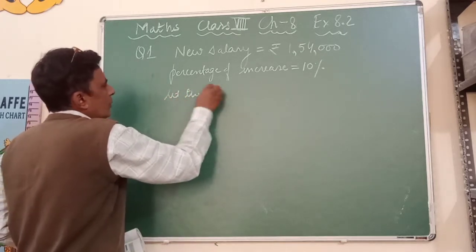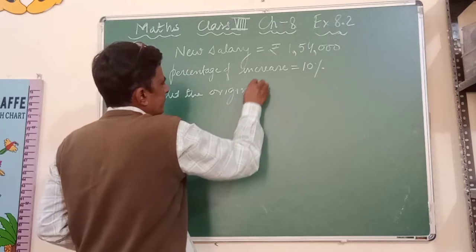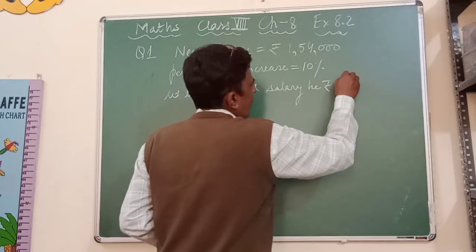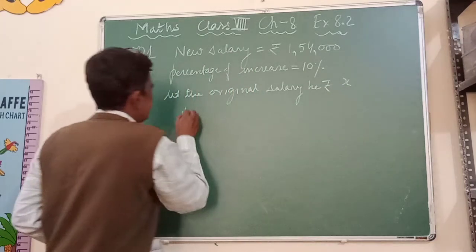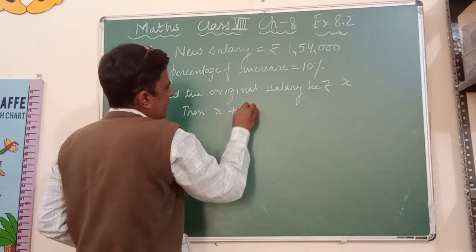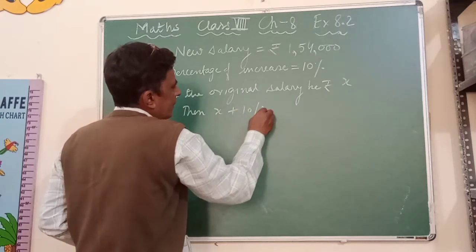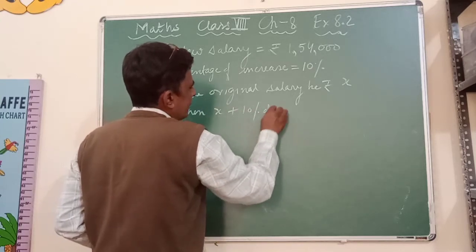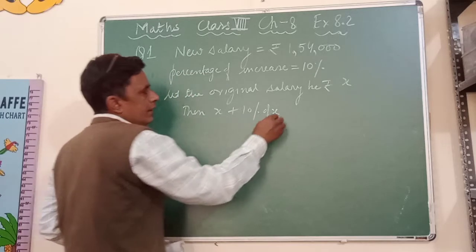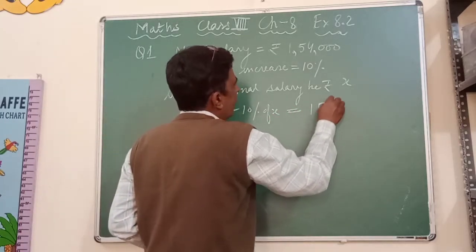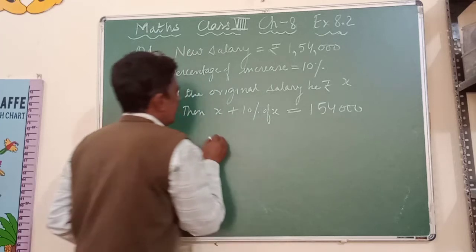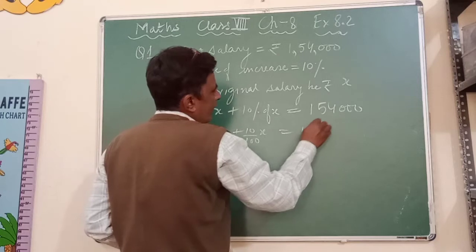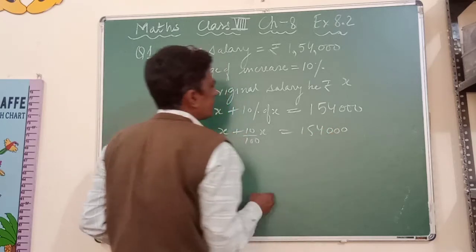Let the original salary be rupees X, then X plus 10% of X is the increase in the salary, and the new salary will be 1,54,000. X plus 10 by 100 X is equal to 1,54,000.